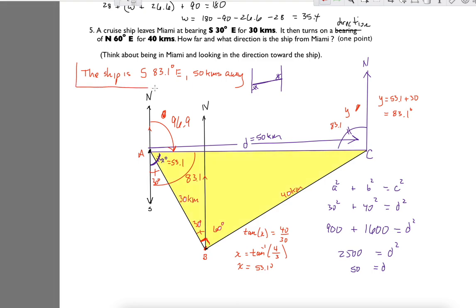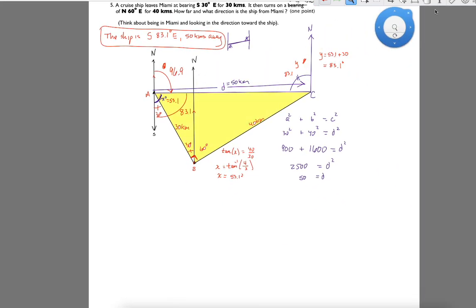All right, there we go. If we do this by scale, we see it a little more clearly. The ship is actually below, something like this, below A. So C here is going to be below, south of A.